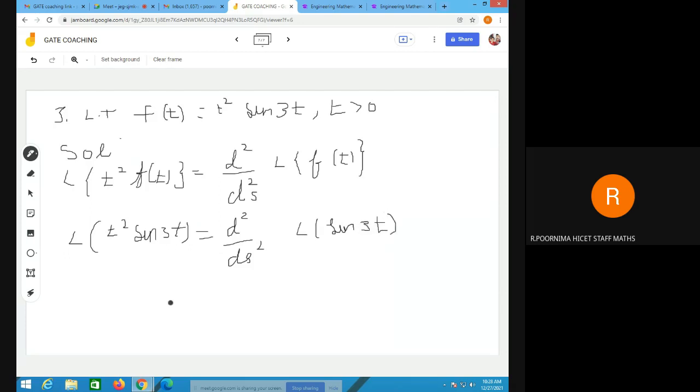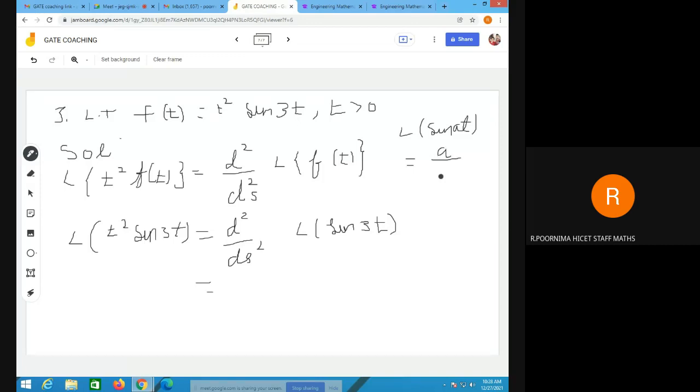But Laplace transform of sine 3t, do you know? Anybody know the answer? What is Laplace of sine at? Do you remember the properties? You studied already, Laplace of cos at, Laplace of sine at and all.